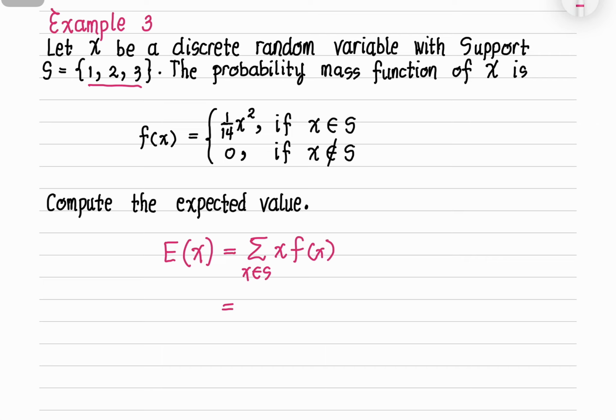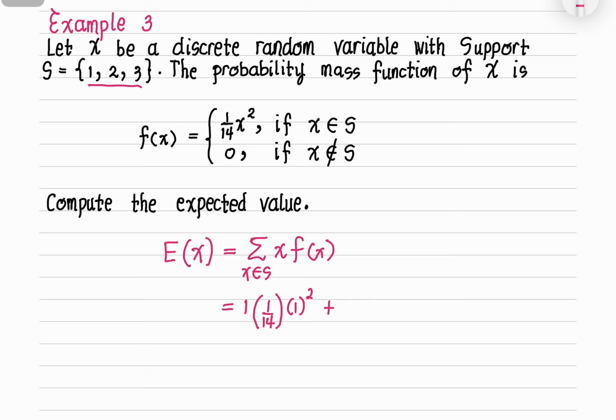Yun nga lang dito, we have exponent na sa ating probability mass function. So, we have 1, since the first x natin is 1, times the f of x, which is 1 over 14, times x squared. The first x natin is 1, and we have the exponent, do not forget.